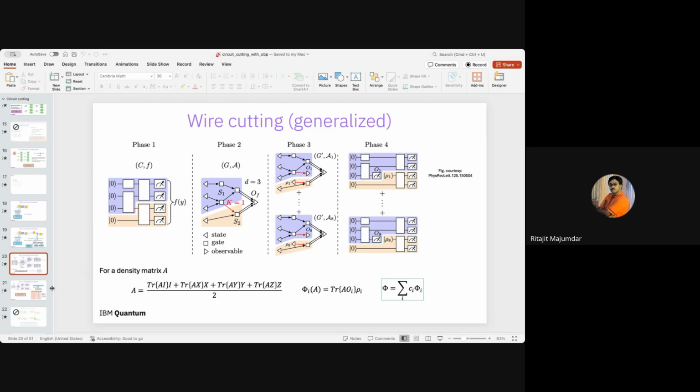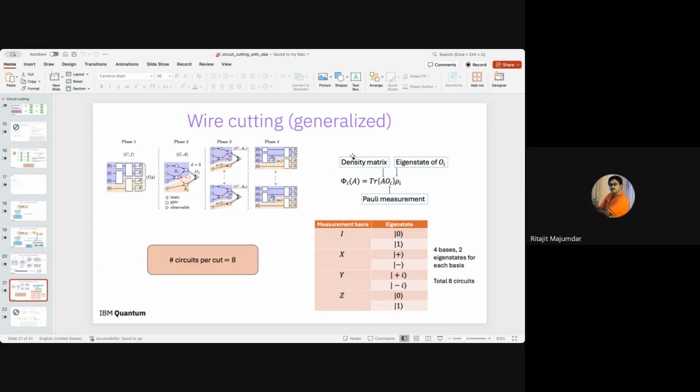This is the overall idea. So when you measure in basis I, you prepare in eigenstates 0 and 1. Both 0 and 1 are the eigenstates of I, and 0 and 1 are also the eigenstates of Z. So when you measure in basis Z, you do this, then for X this, and for Y this.